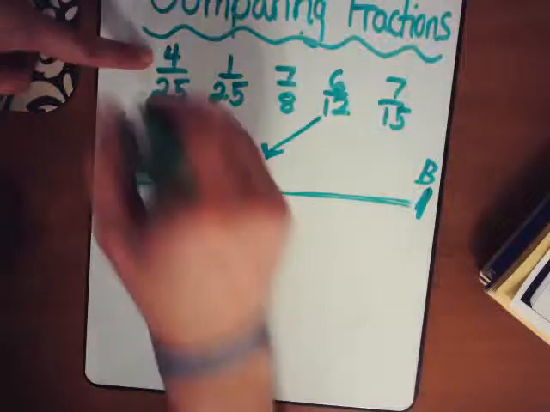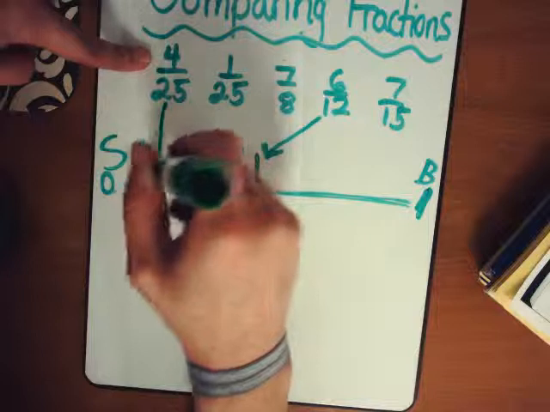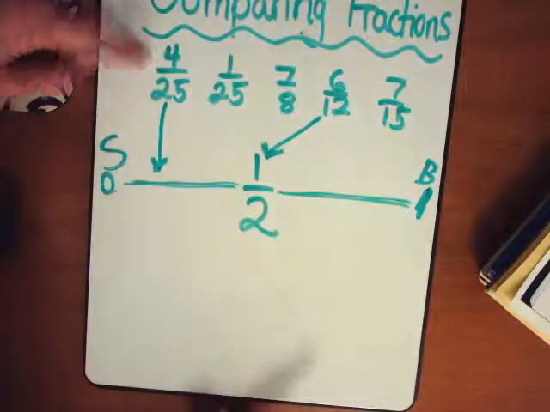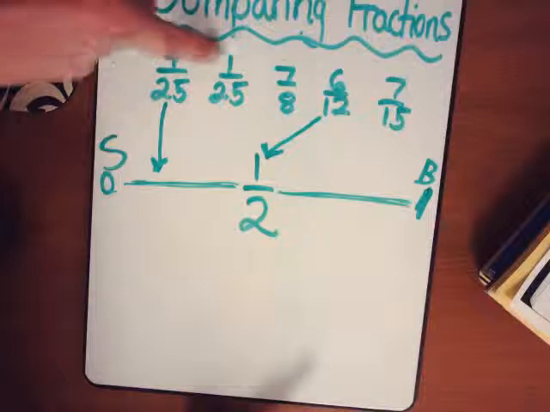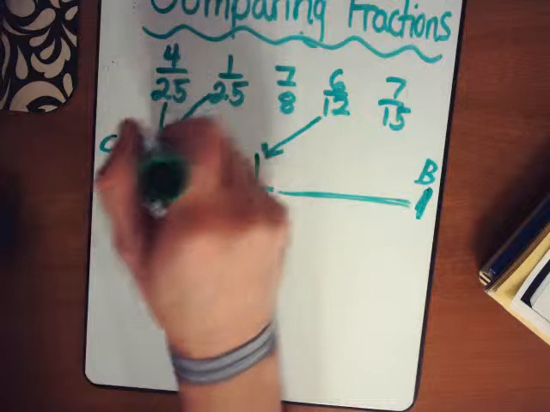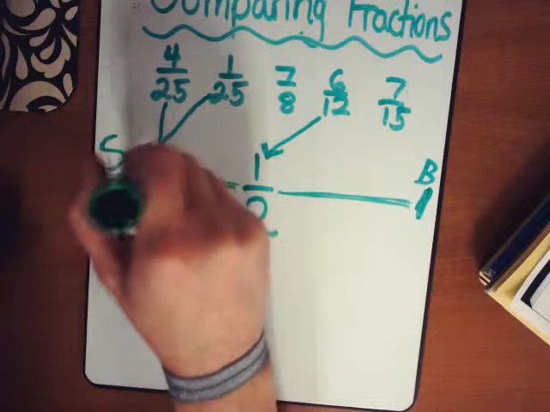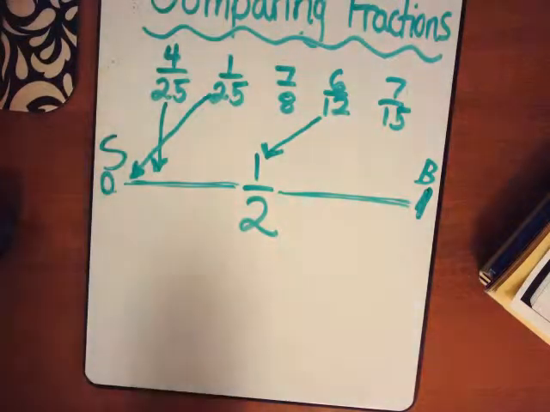I feel like this is probably about here. Since these are the same denominator, same size pieces, 1/25 must be smaller than that. It would be very close to 0, just one small little piece more than 0.